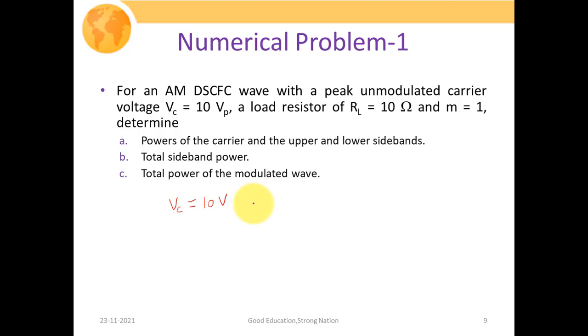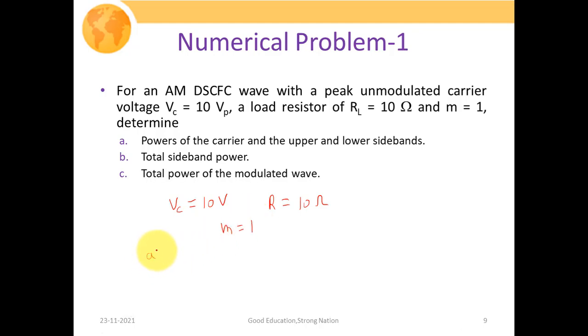In some books, if it is written as 10 volts peak to peak, it means it is twice the value of Vc, and then in order to evaluate the peak carrier power, we need to divide it by 2. Since it has been mentioned as Vp, the peak amplitude of the carrier signal is 10 volt. Resistance R is equal to 10 ohm and modulation index m is equal to 1.